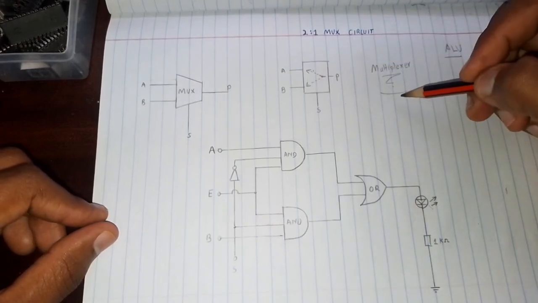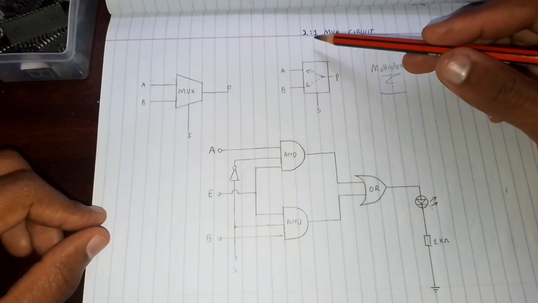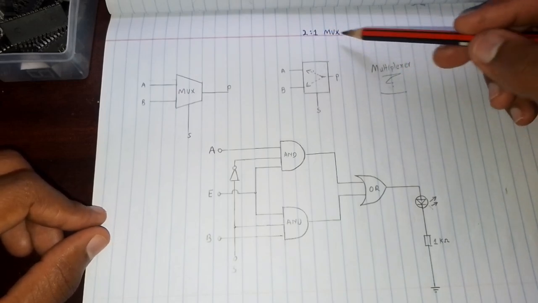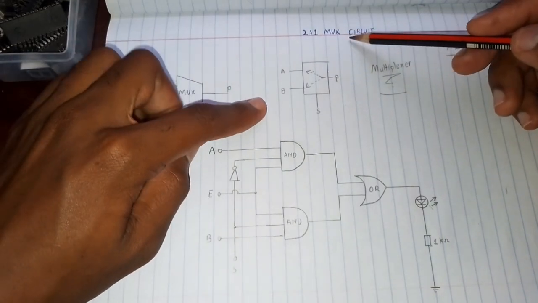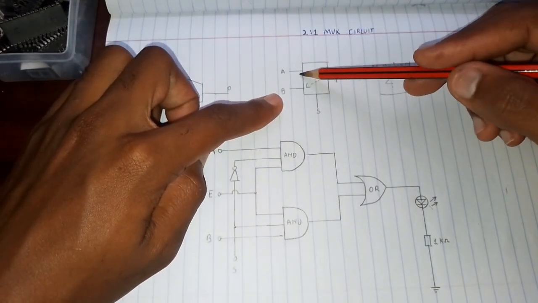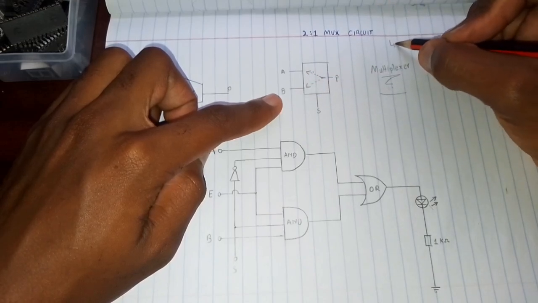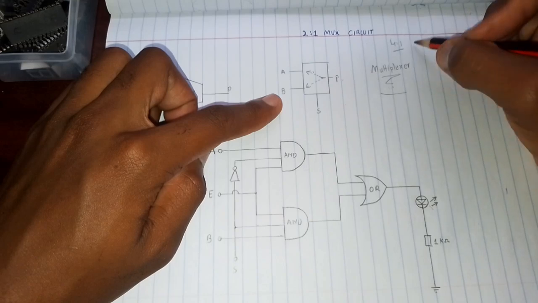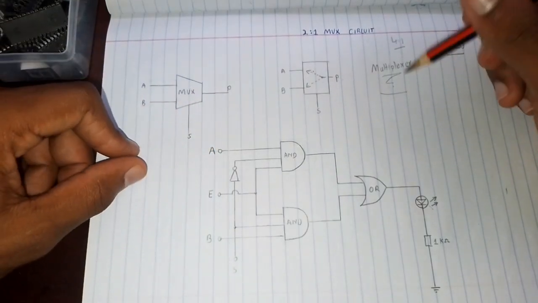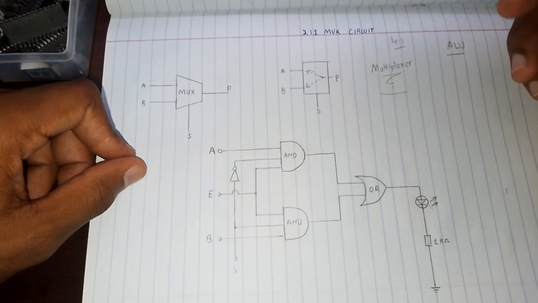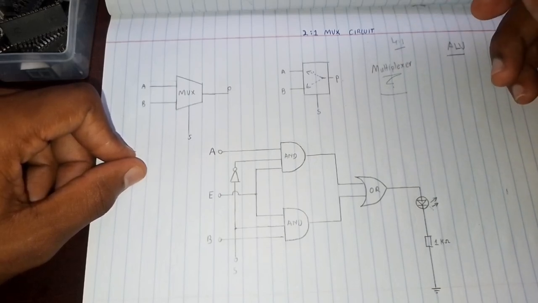For a multiplexer, we are going to begin with a 2x1 multiplexer circuit. What a 2x1 multiplexer circuit means is that it has two inputs and one output. Next, maybe we are going to do a 4x1 multiplexer, and we can move on to even an 8x1 multiplexer, but that requires a lot of logic gates which might fill up my breadboard.